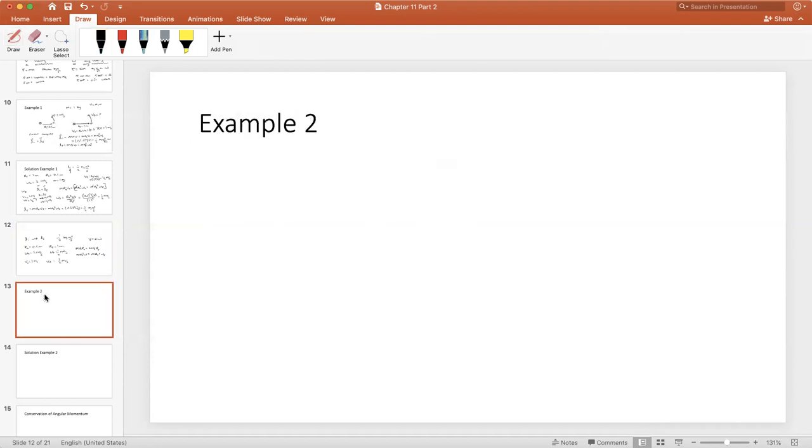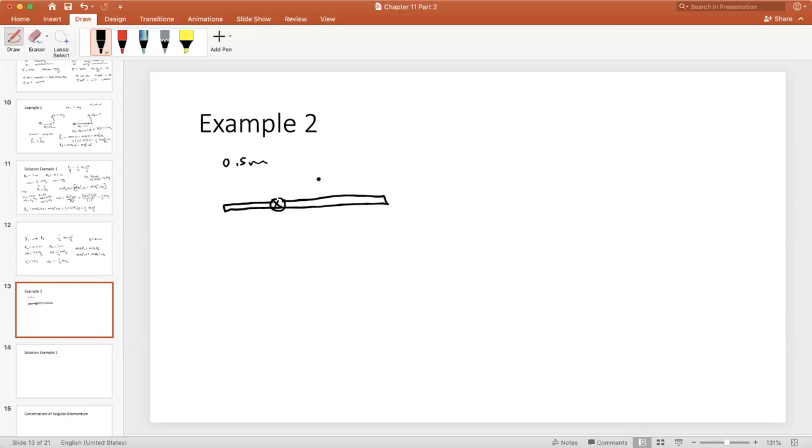Simple. So example 2, in this, I'm going to imagine I have a massless rod, and I'm going to say that this is 0.5 meters, this side, and this side is 1.5 meters.